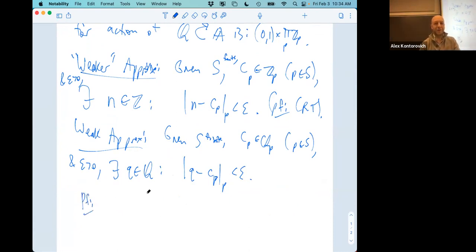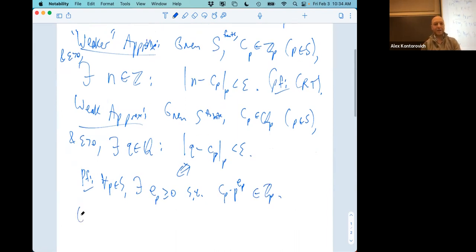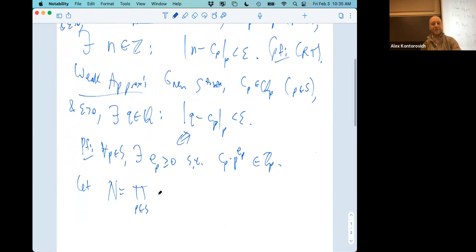Proof: observe that this happens if and only if, for all p in S, there exists some exponent e_p positive such that c_p times p to the e_p moves into Z_p. I'm worried about negative powers of p. Now let capital N be the product over the p in S of p to the e_p, a finite product.